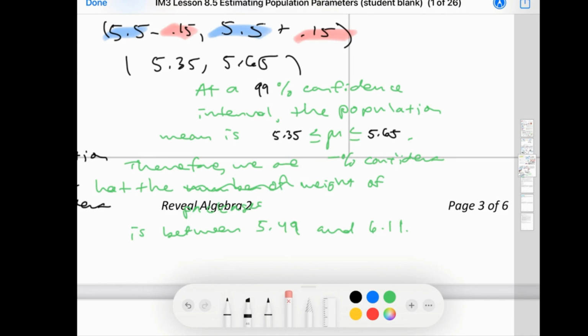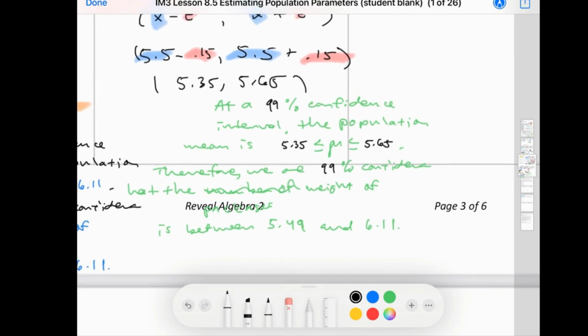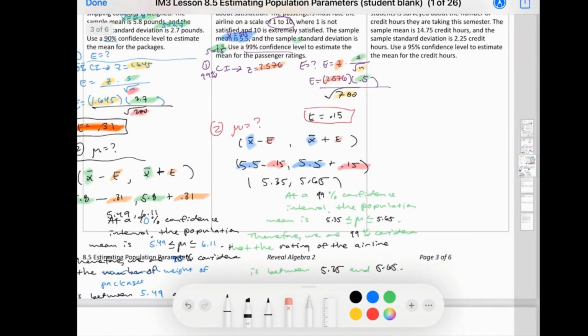Therefore, we are 99% confident that the rating of the airline is between 5.35 and 5.65. Okay? All right. Before I lose it, let's try to paste that over here.